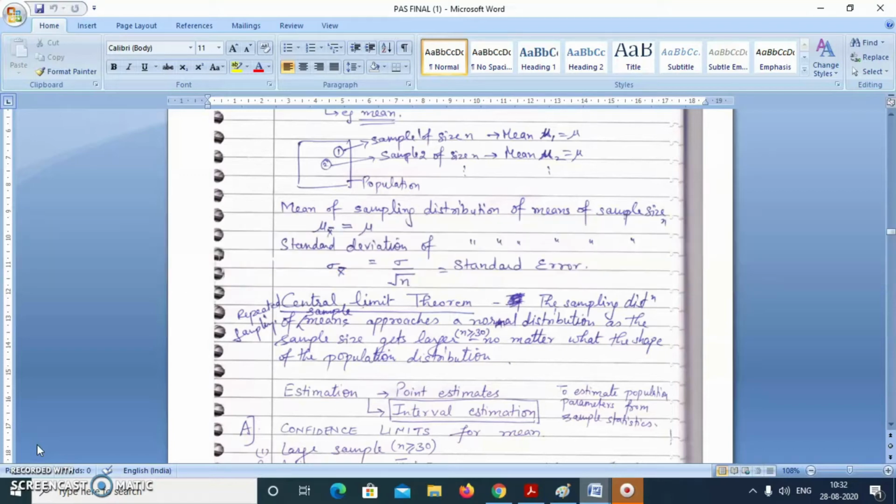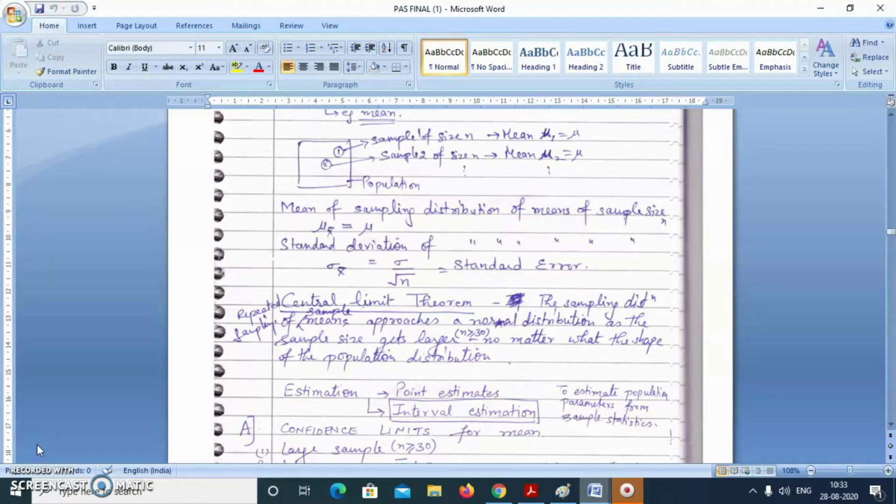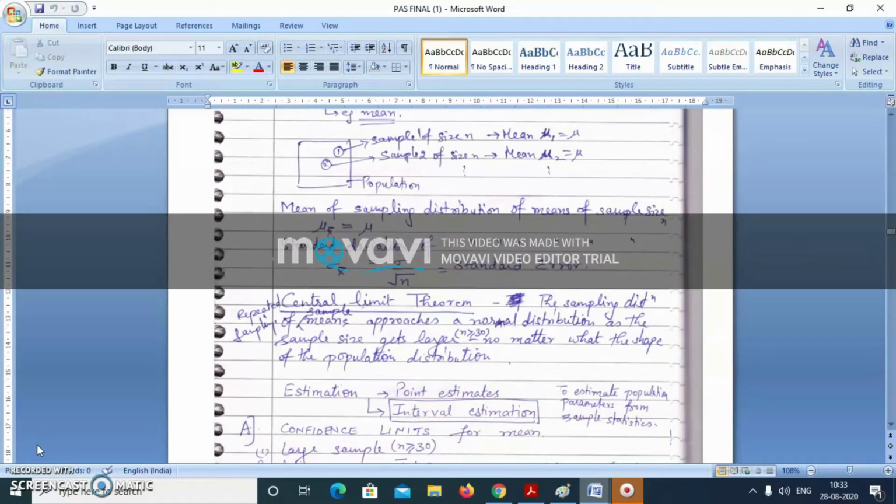I am repeating again. The central limit theorem says that the sampling distribution of sample means approaches a normal distribution as the sample size gets larger, no matter what the shape of the population distribution. So basically, even if the given population, the given data, is not normally distributed, the sampling distribution of means will be normally distributed, and it will be more normal as the sample size gets larger.